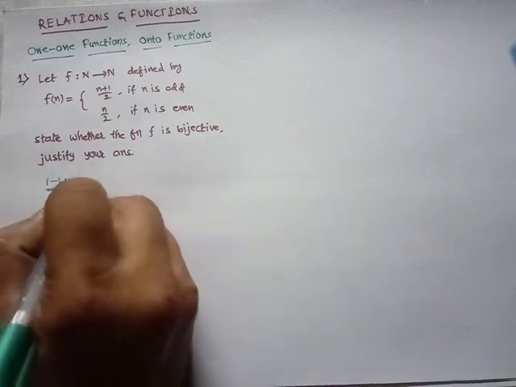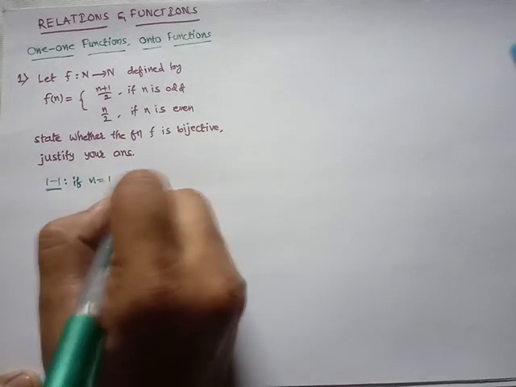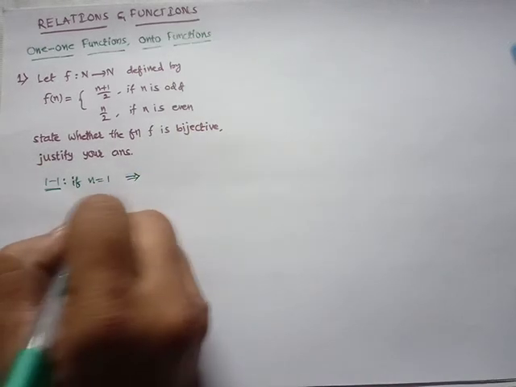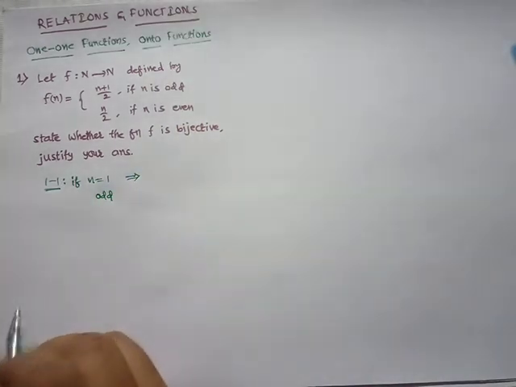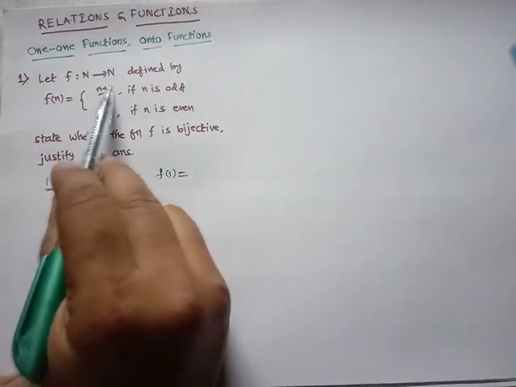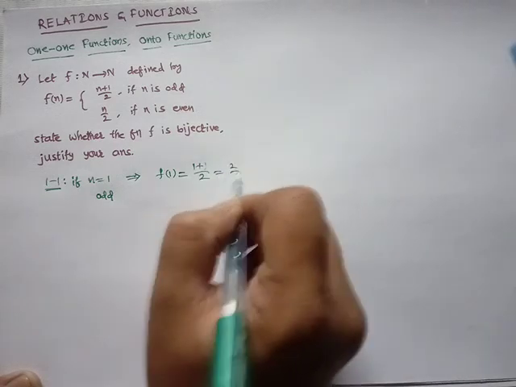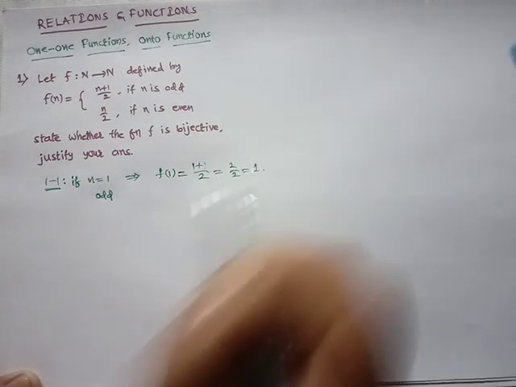So if n is equal to 1, n is an odd number, then f of 1 is equal to (1 plus 1) by 2, which is 2 by 2, equal to 1.